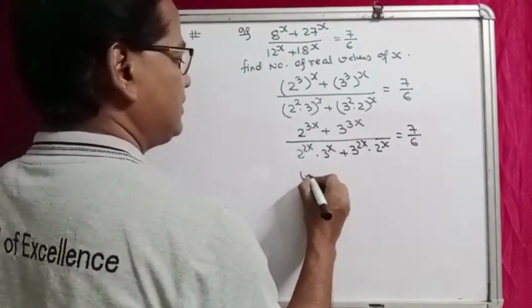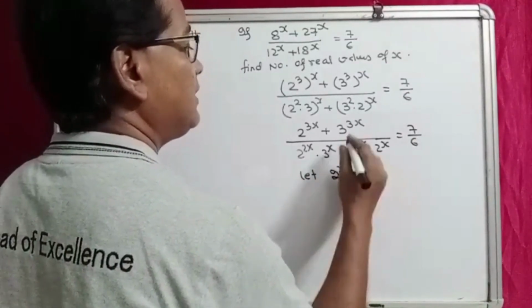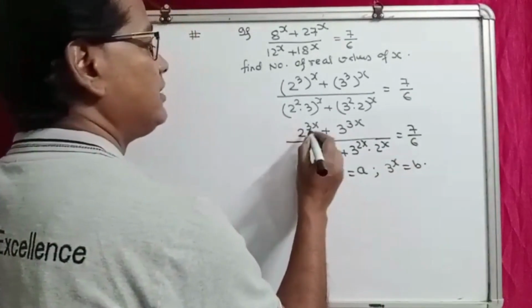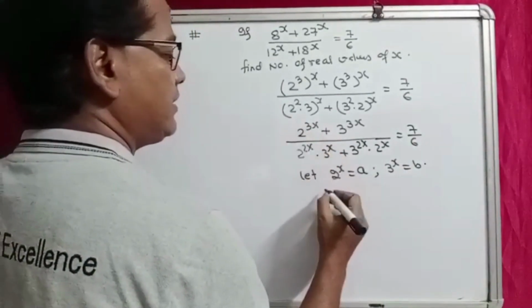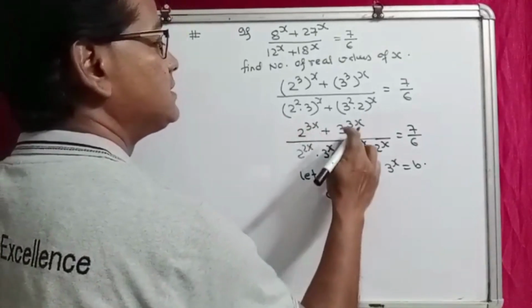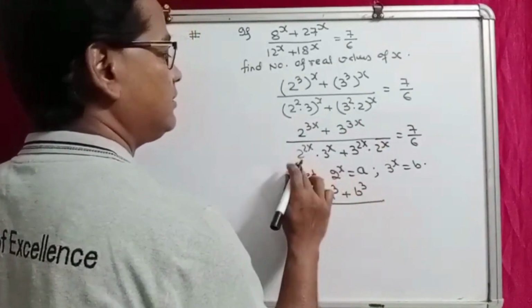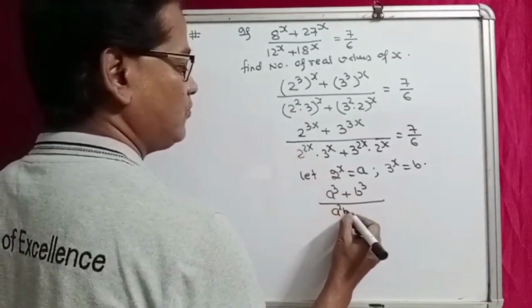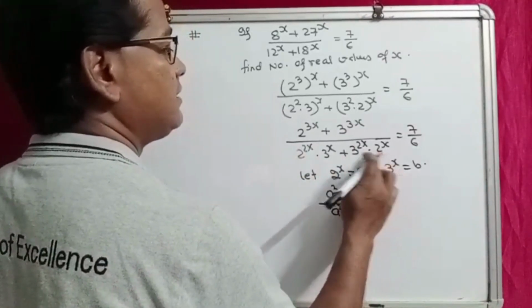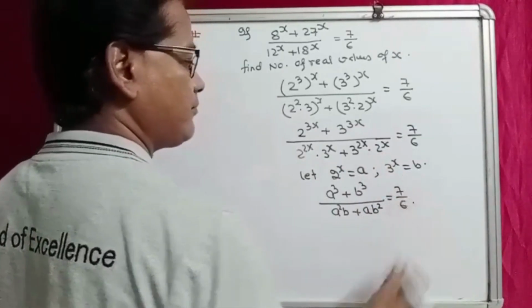Let 2^x be a and 3^x be b. So this would be a cube, b cube, here a square b, and here a b square, this is equal to 7/6.